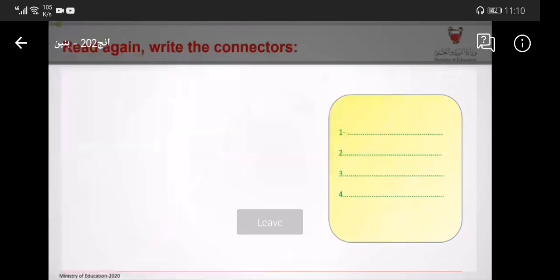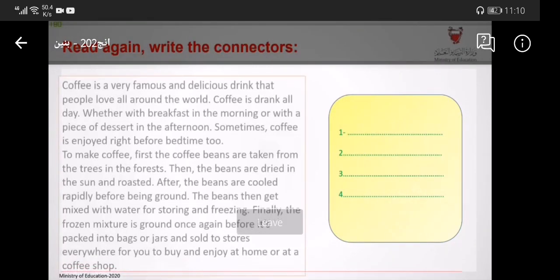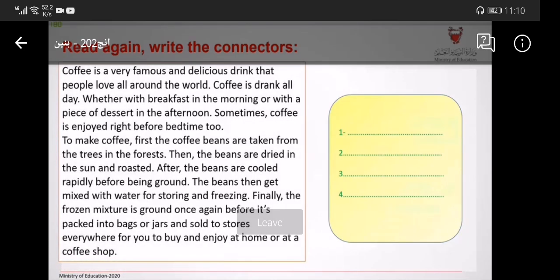Okay, let's move on to the next slide. You're going to read the text again and write the connectors. You have 10 minutes, or 7 minutes. I'll give you 7 minutes to do this task.